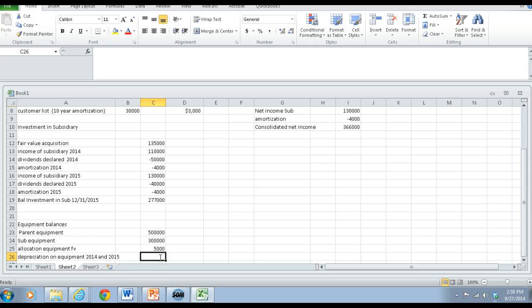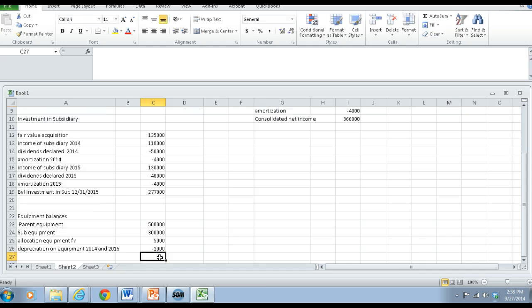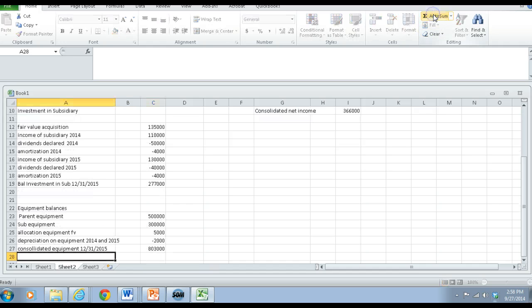So we'll need to show that accumulated depreciation of $2,000 to come up with the consolidated equipment as of 12/31/2015 of $803,000.